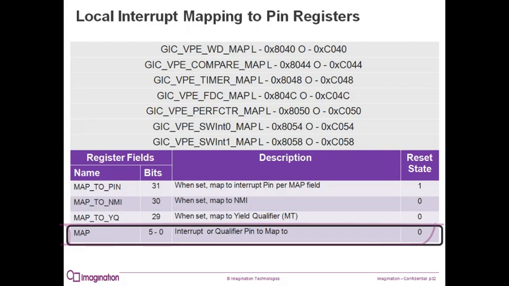The map field setting depends on if you are mapping to a pin or a yield qualifier. For pin mapping, it is simply the pin number you are assigning the interrupt source to. For a YQ qualifier, it is simply the number of the YQ pin that you want this source to activate.